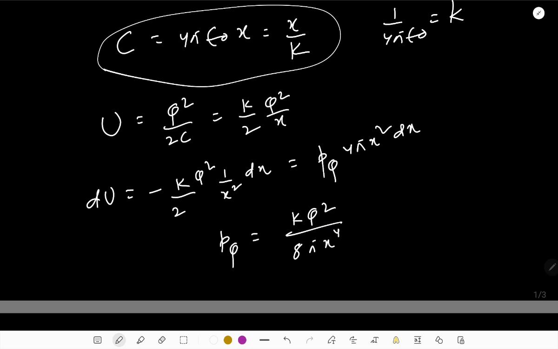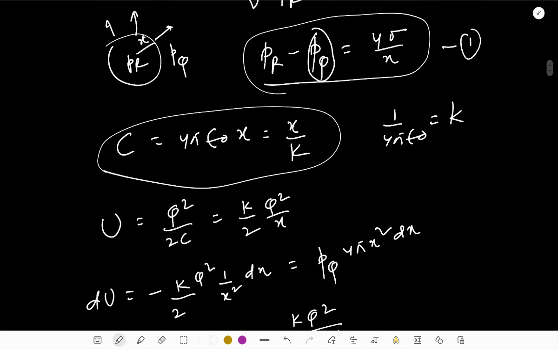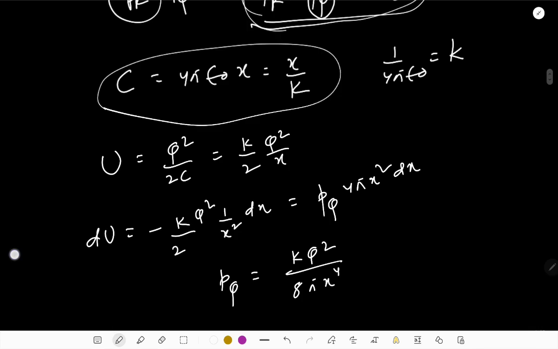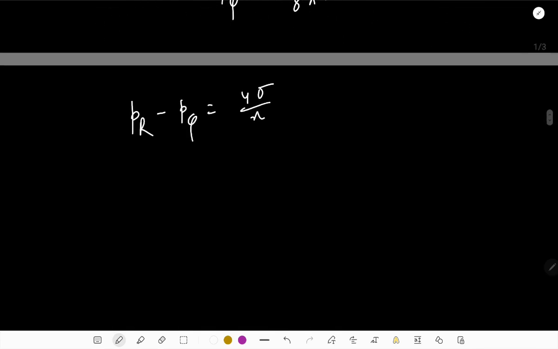And now I can use this relation: P_R minus P_q equals 4 sigma by x. This is the relation.